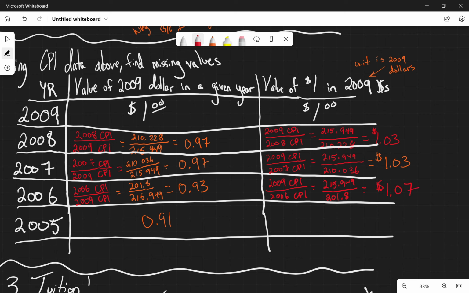So continuing this trend, we find that the value of $1 in 2009 dollars 4 years ago is 1.09. Yeah, so might be 1.10 depending on how you round.